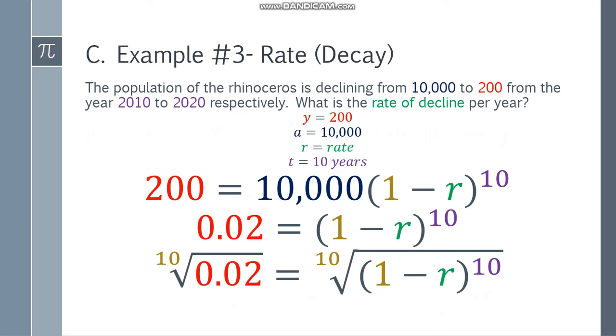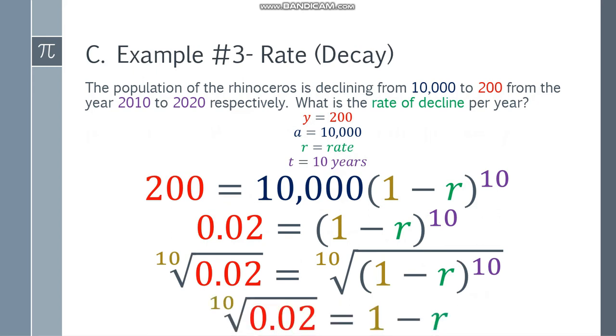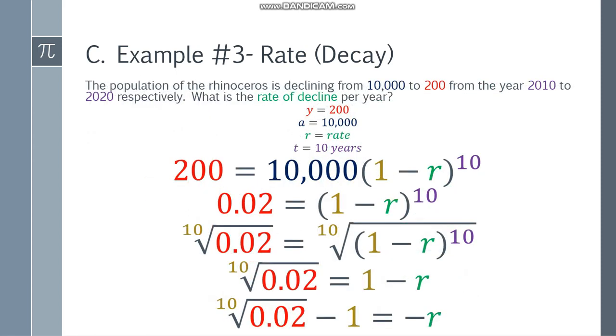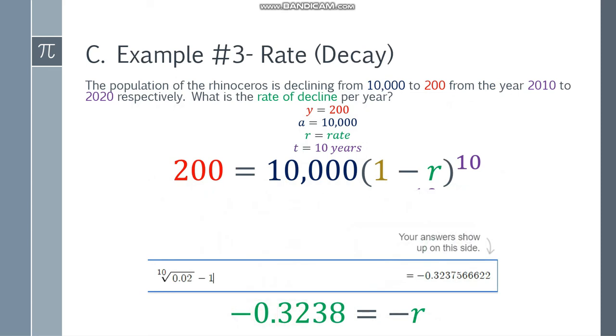So, the 10th root of 0.02, hindi ko muna kukunin. So, simplify ko muna siya. Mawala lang yung exponent at yung 10th root. So, lipat mo yung 1 sa kabila and is equal to negative r. So, sa calculator natin, ang 10th root ng 0.02 at nag-minus 1 ka, that will be negative 0.3237 something or negative 0.3238 is equal to negative r.